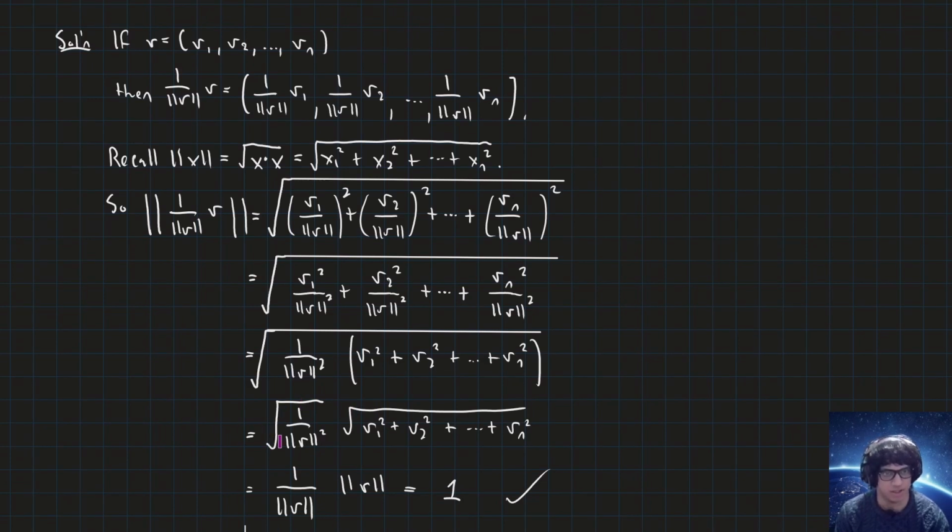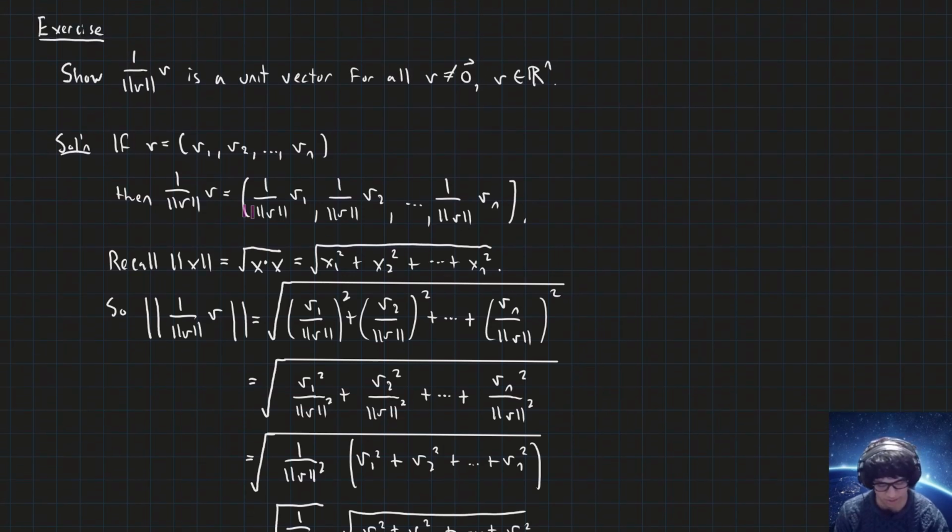So taking the square root of 1 over the length of v squared, I can just take the square root of 1 and the square root of the length of v squared, which simplifies to just the length of v. Okay, so what I get is the length of v divided by the length of v, which is 1, right? So this shows that when we do this normalization process on a non-zero vector, the length actually is 1.